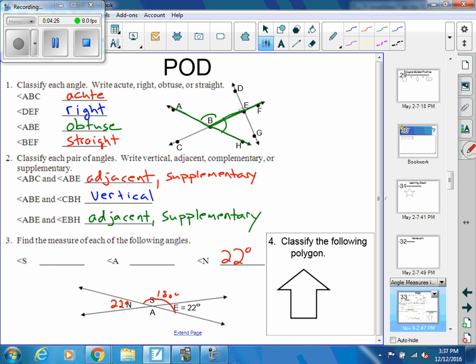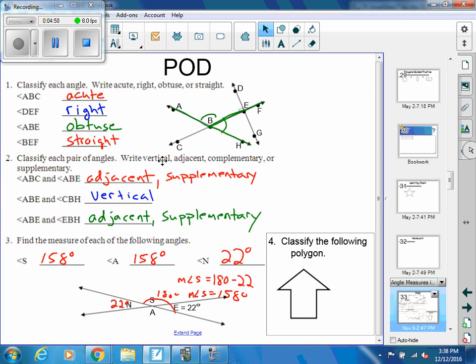So angle S is going to equal 180 minus 22, so the measure of angle S is going to be 158 degrees. And if angle S is 158, that means angle A is also 158 because S and A are vertical angles.